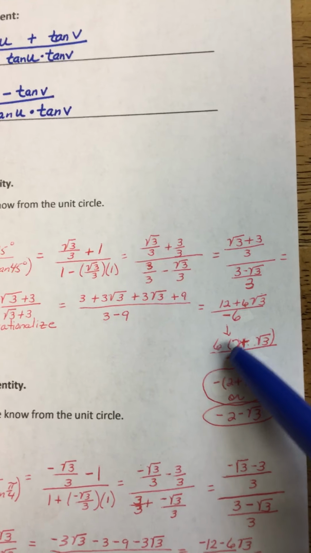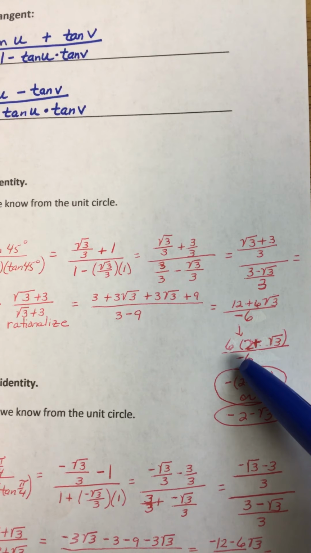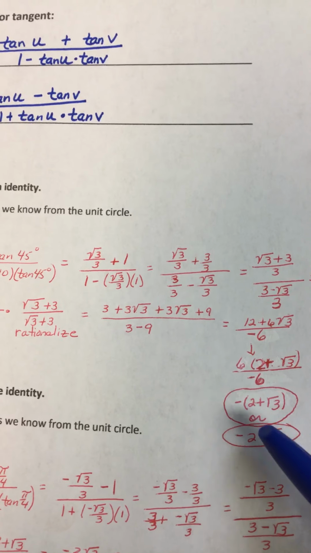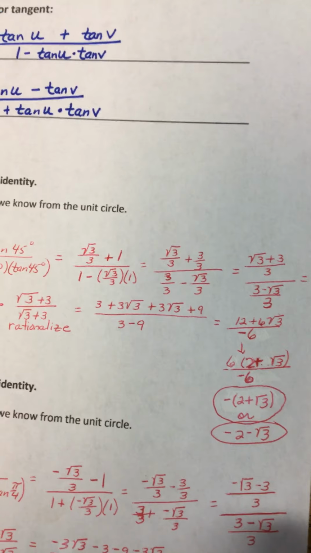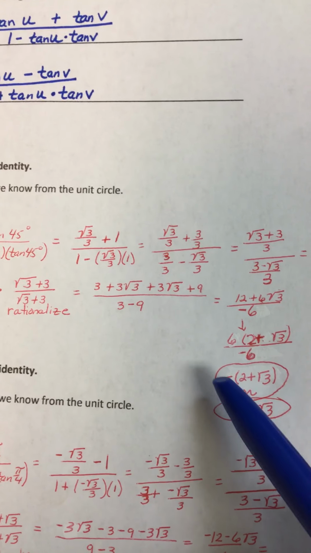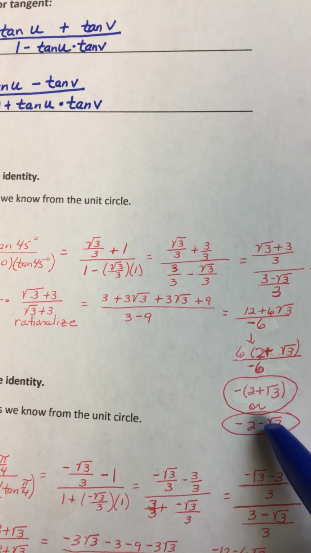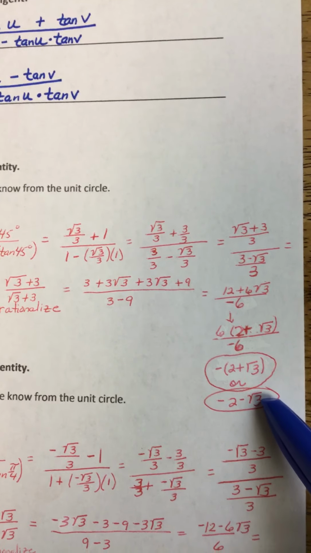When I factor a 6 out, I'm left with 2 plus the square root of 3. These 6's would cancel, so negative 6 into positive 6 would leave me with a negative 1 in front of that sum, but I will go ahead and distribute that across. And that becomes negative 2 minus the square root of 3.